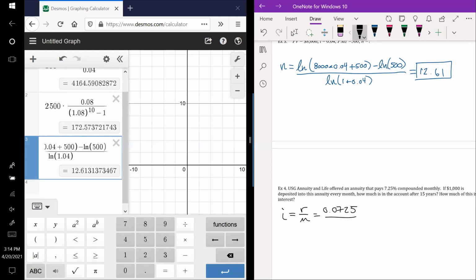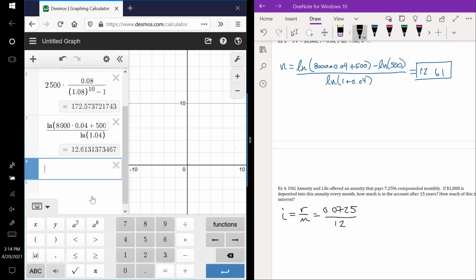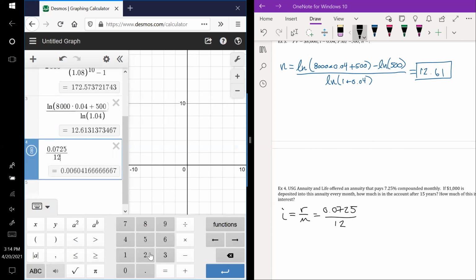So if we're compounding monthly, that means there's 12 months in a year. So it's going to be over 12. Okay. And now we want to see if this is going to be a nice decimal number. If it's not, we're going to leave it as this fraction. So I'm just going to type in the calculator, 0.0725 divided by 12, and we do not have a nice decimal number. So I'm going to leave it as that fraction.